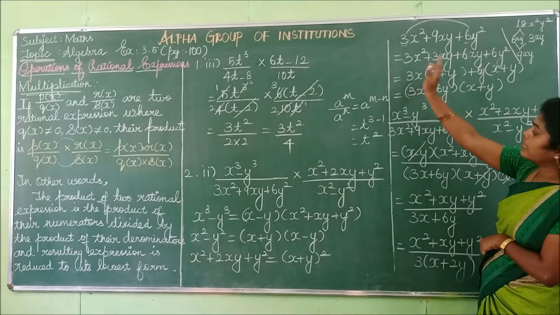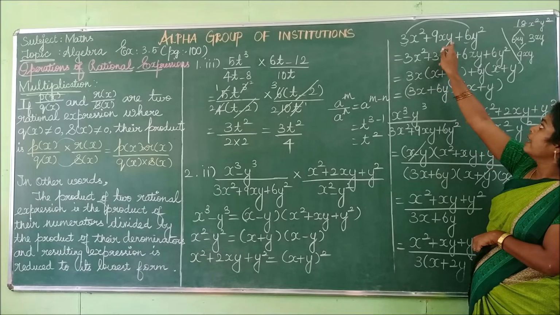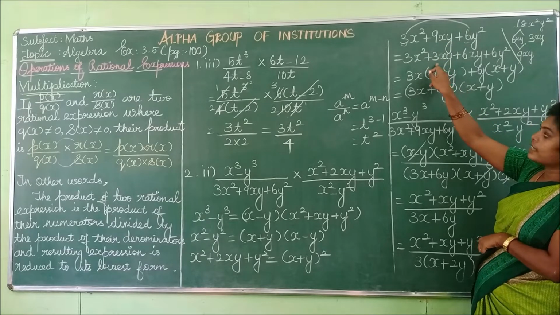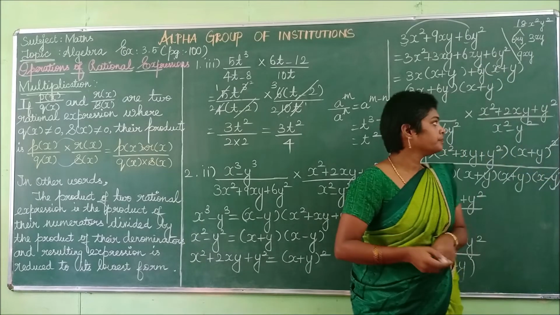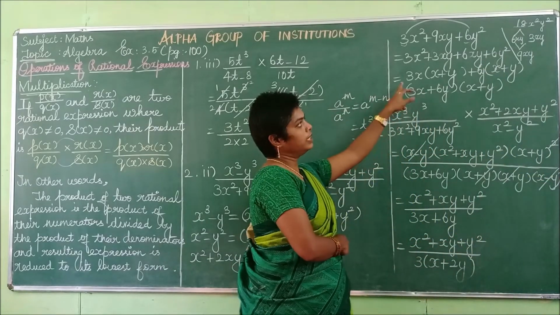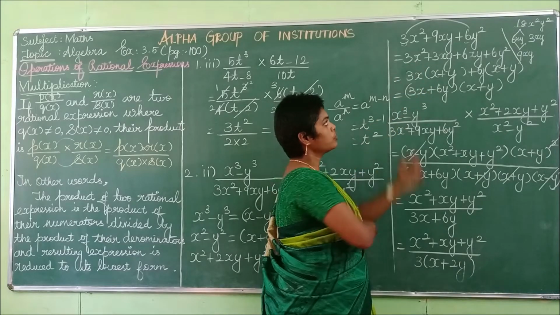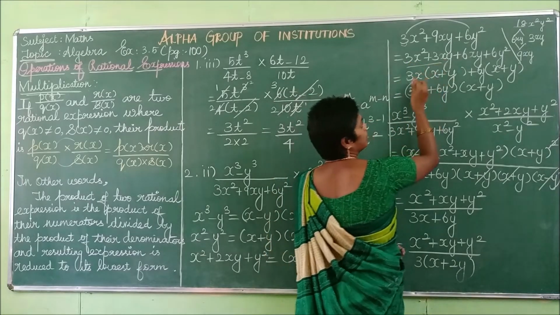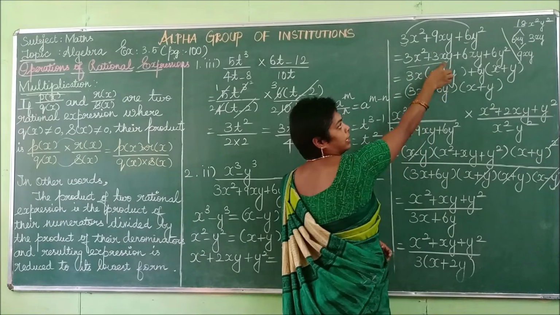So you separate this center term first. 3x squared plus this 9xy can be separated as 3xy plus 6xy plus 6y squared. Then listen, this can be written as 3x. So you take common terms from these two terms. What are the common terms? 3x into. The remaining term is here x, here y.